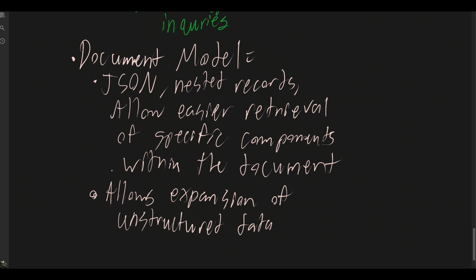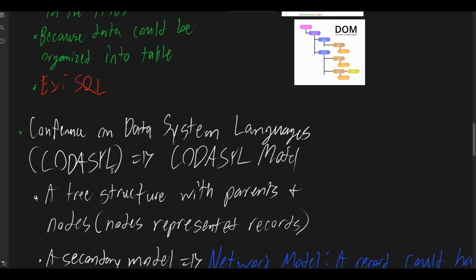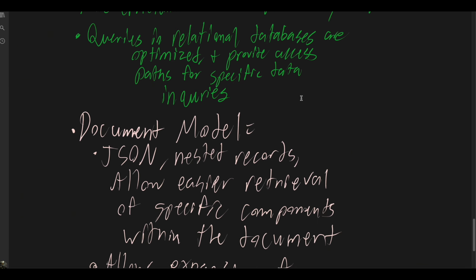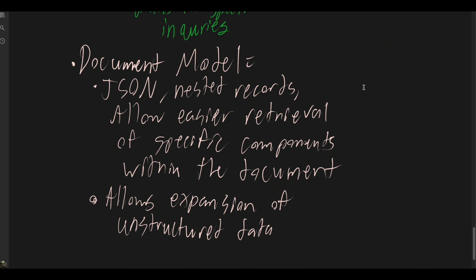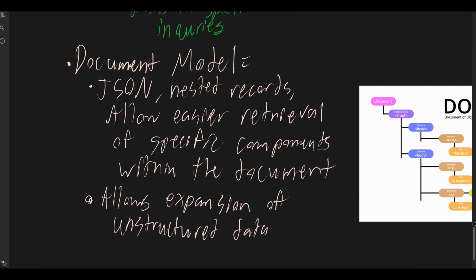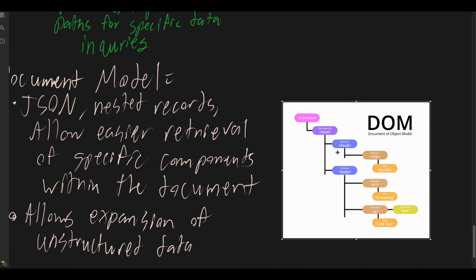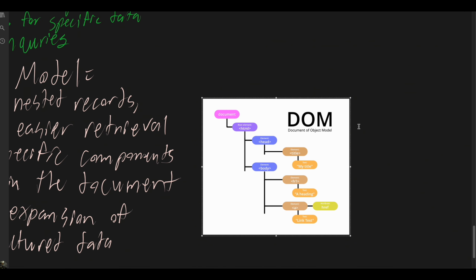Like for instance, if we were to go up, I'm just going to go over to the document model example. So this is a document model for an HTML file. An HTML file is going to have a backbone between a head, title, and other headings, and also paragraphs that one would be able to implement and ever expand. An HTML file is basically just the skeleton of a web page.